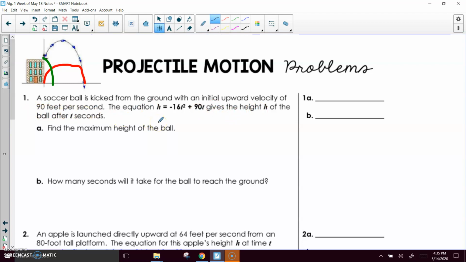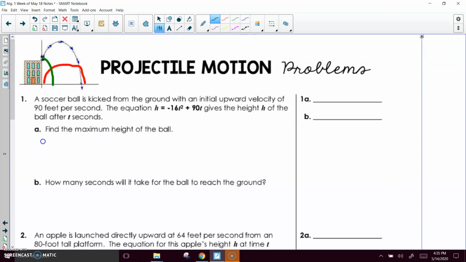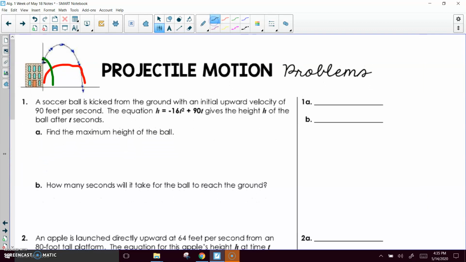So let's think of our picture here, okay? You're standing right here and you kick, let's try this again. Okay, let's draw our axis. You are standing at 0, 0, and you kick the soccer ball. When you kick the soccer ball, it goes up and then it comes back down. Let's think in terms of numbers here.